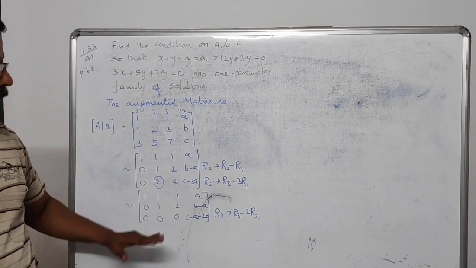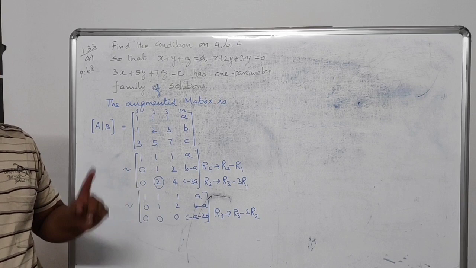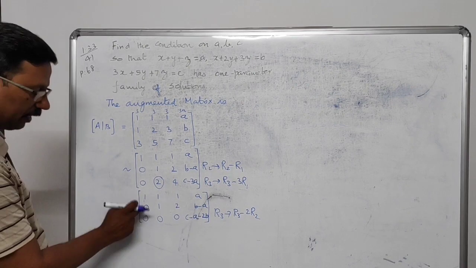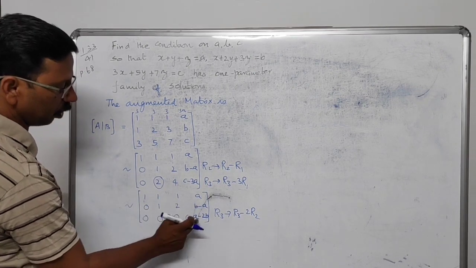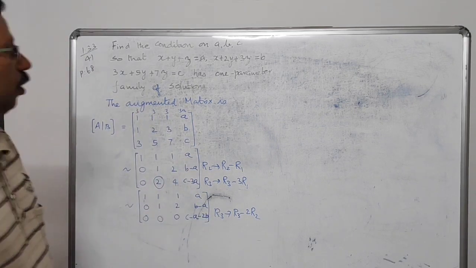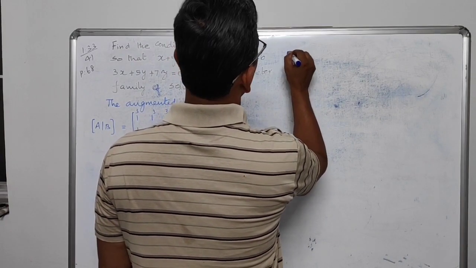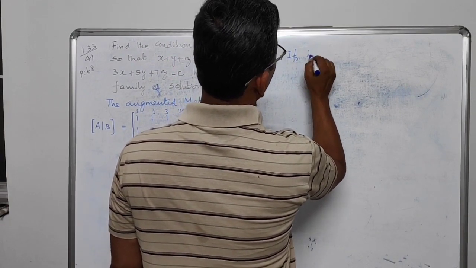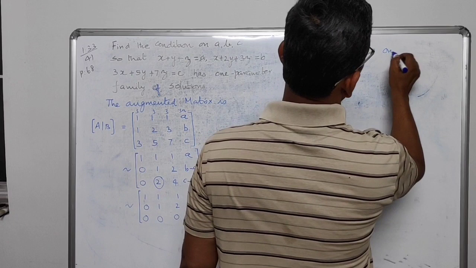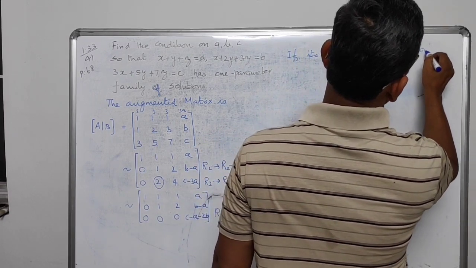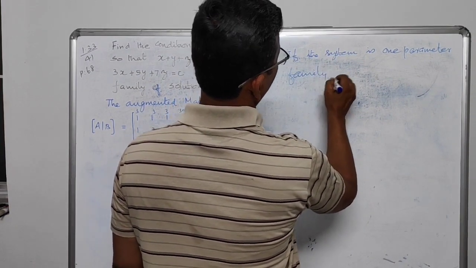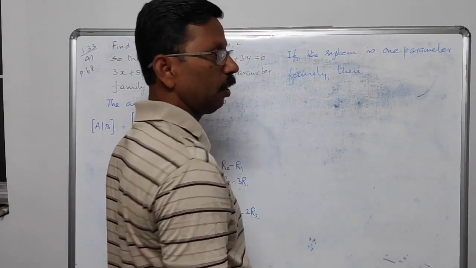After this, you have to find the condition on the values of A, B, C so that it has a one parameter family. One parameter family means, as I told you, we must have one 0 row. It is already in row echelon form, so this row must be 0, which means this value, C minus A minus 2B, must be equal to 0. Therefore, if the system is a one parameter family, then we must have one 0 row.